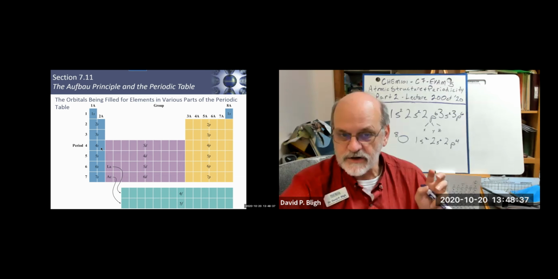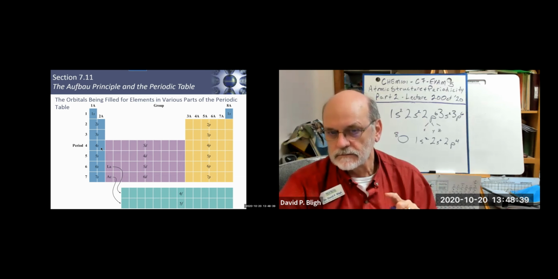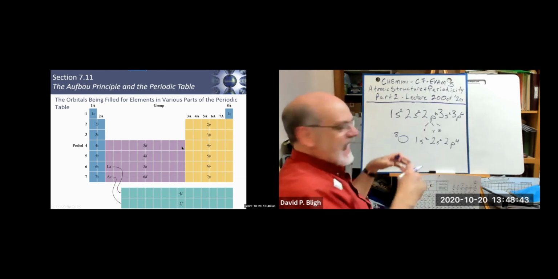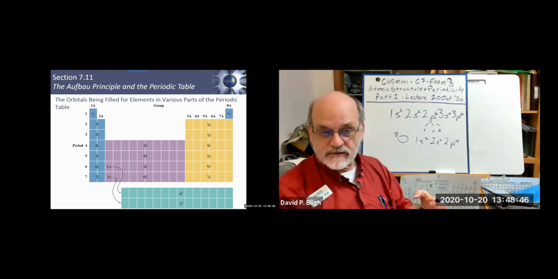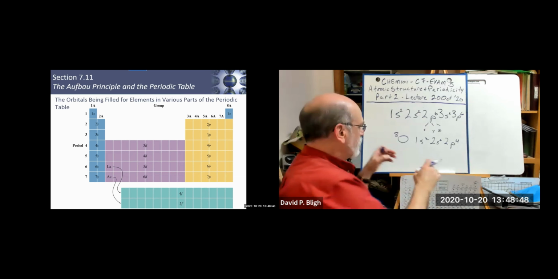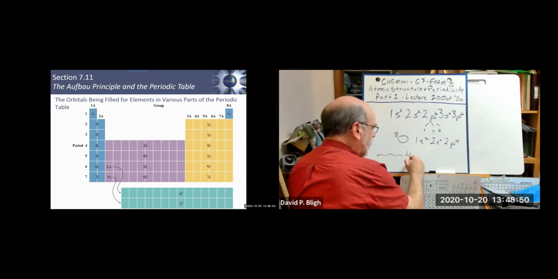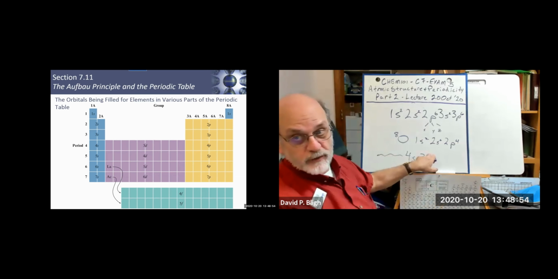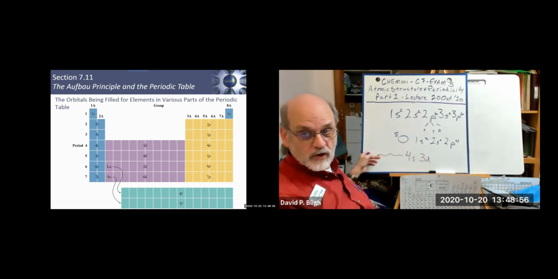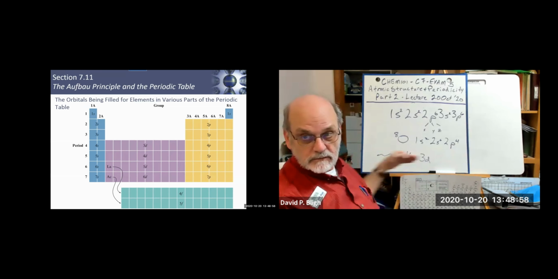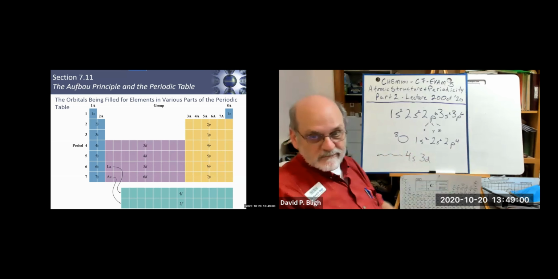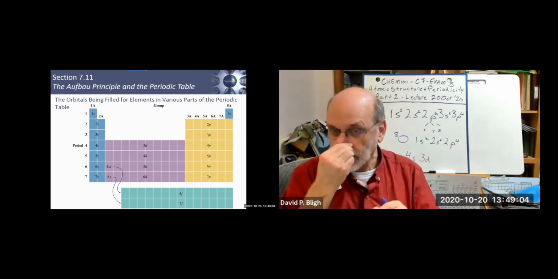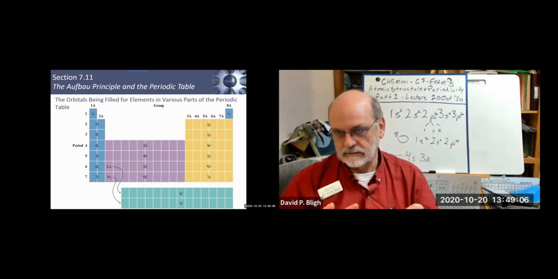And once I get 4s done, I need to go to 3d. So if we were to write something that had 4s and 3d available to it, we would go along here, and then we go 4s here, and then 3d. We wouldn't put 3d on this side because we're going in energy level order. And if you know how the periodic table is structured, then you can do that easily.